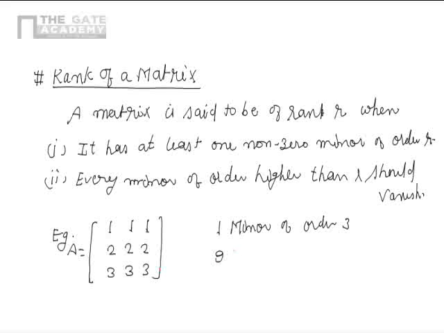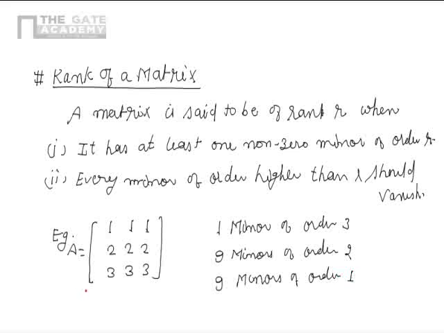Then it will have 9 minors of order 2, obtained by eliminating the row and the column corresponding to each element. Similarly, for each element, by removing the corresponding row and column, I can get 9 minors of order 1.